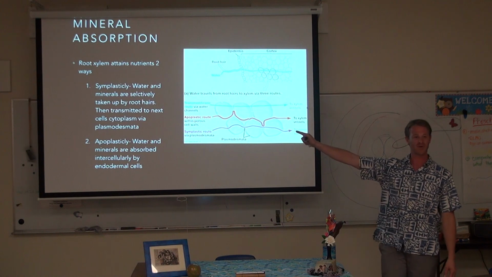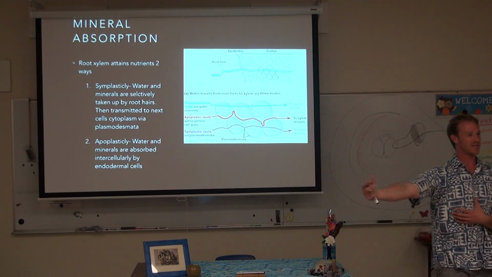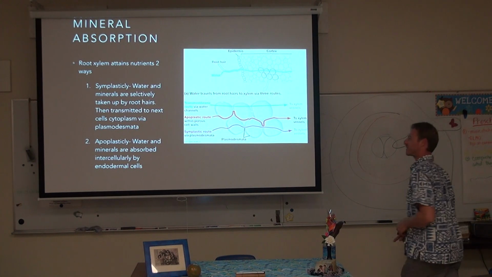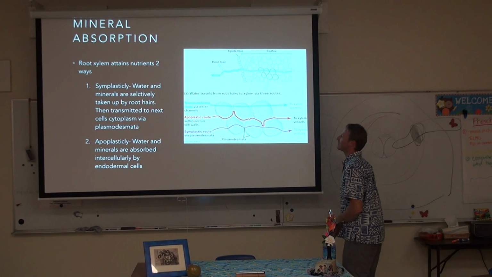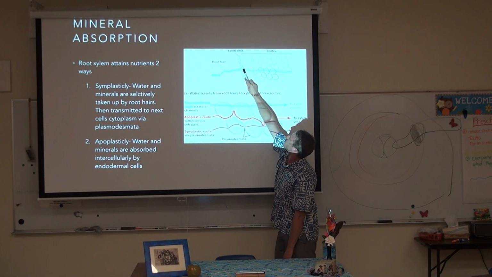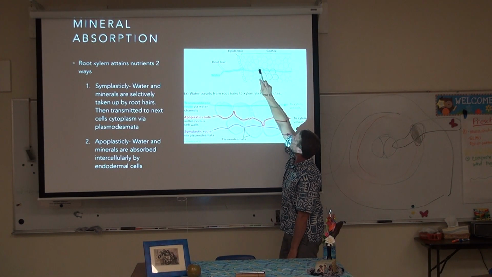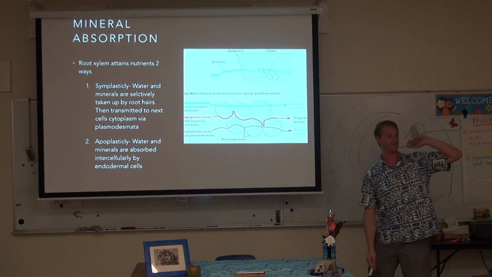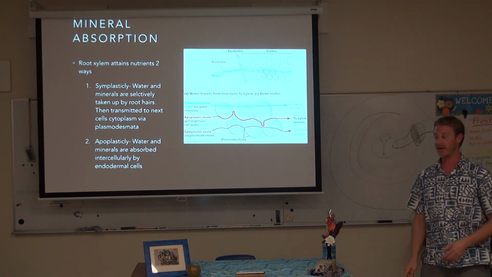And remember the plasmodesmata? That's that plasmic exchange, the communication from one cell to the other. I brought that up way in the beginning. That's how nutrients will go in through the root hair, and the nutrients will be passed from one cell to the next, to the next, to the next, until they are brought to the vascular system and taken up to the plant.